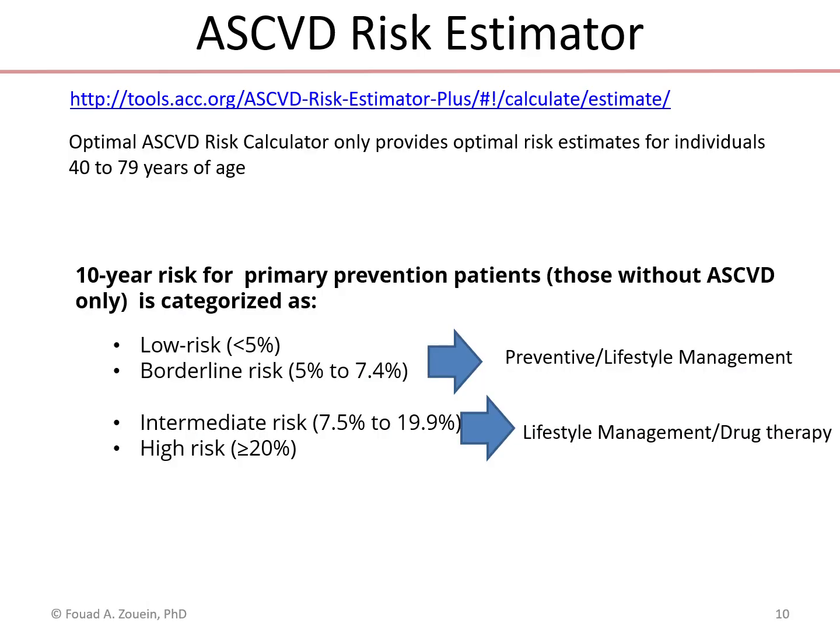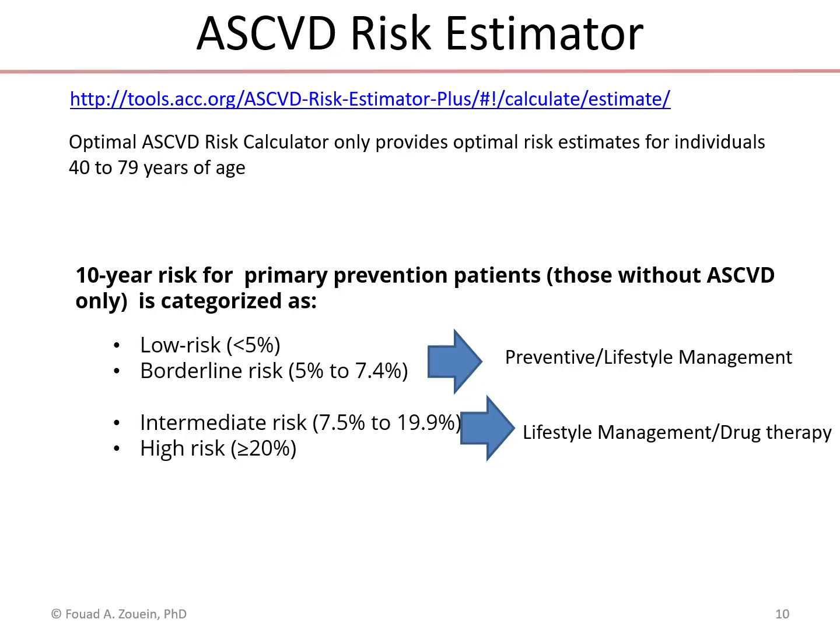Now, after doing the ASCVD risk assessment, and as we said, it only provides optimal risk estimates for individuals between 40 to 79 years of age. If you look at the 10-year risk assessment, and when we're talking about risk assessment, again, we're talking about all these individuals that do not have ASCVD. If they have ASCVD, there's no point to look at the risk assessment. They must be on treatment.